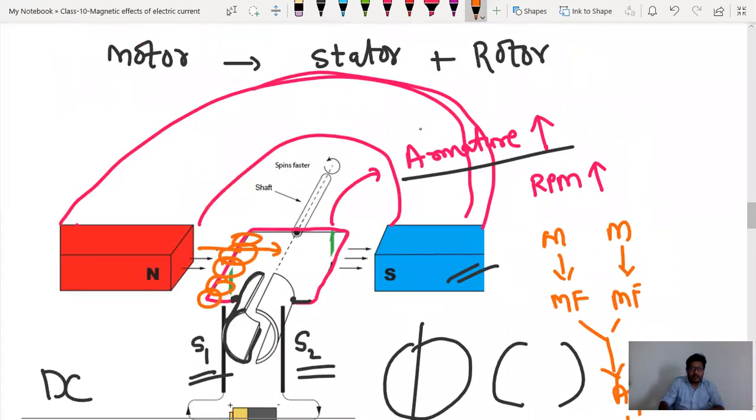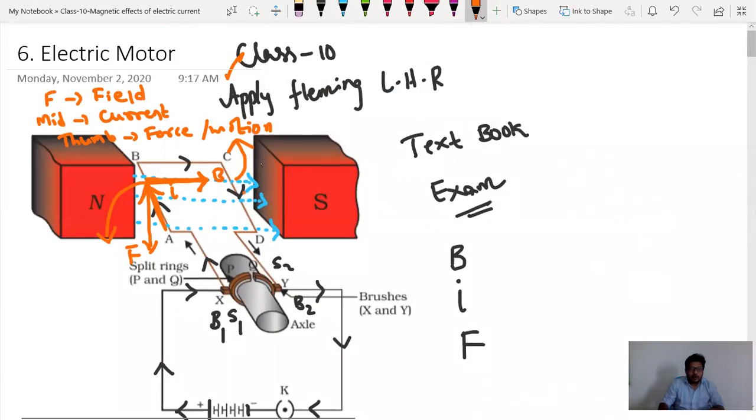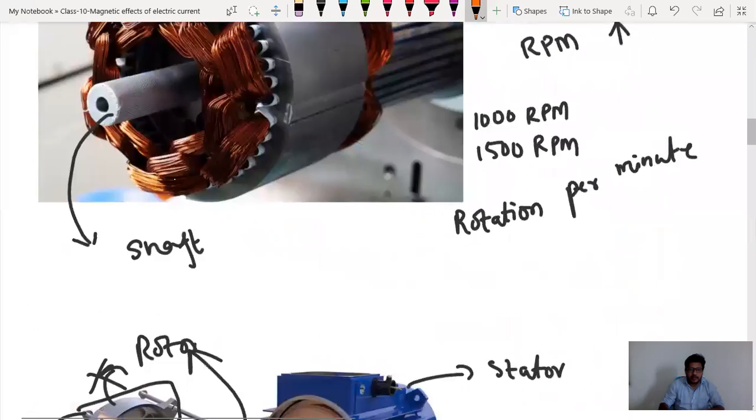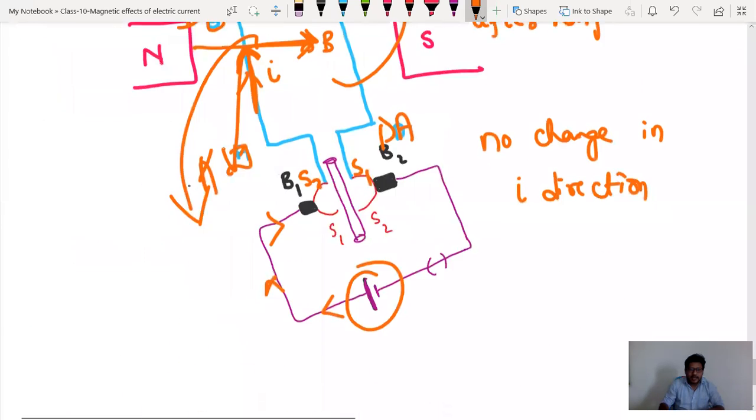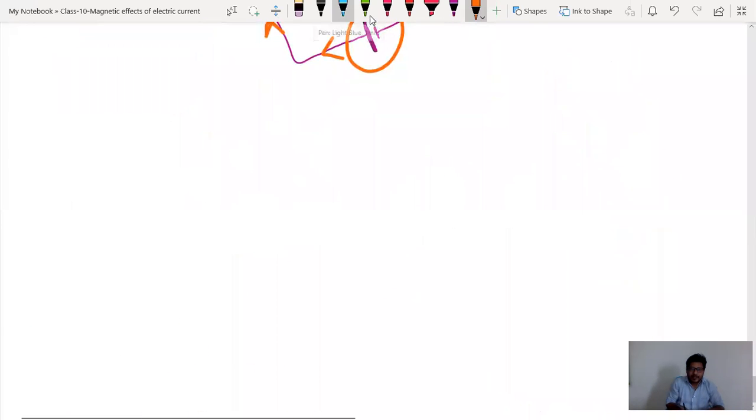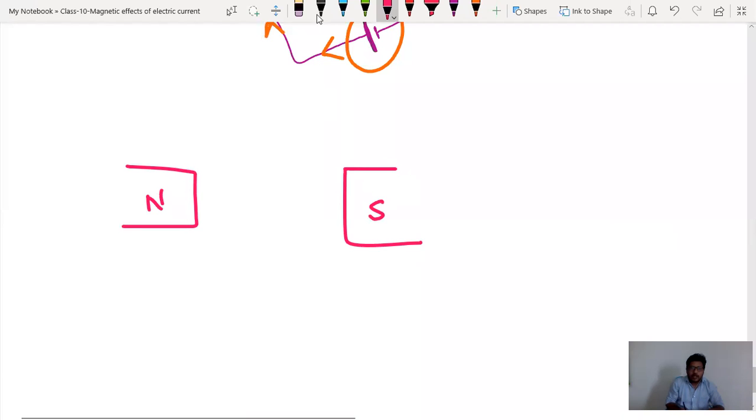Do you remember? Whenever this coil is placed in magnetic field, once again I will draw. You see here we have magnet. Consider this is north, this one is south. And we have armature segment like this. Now you see guys, from here if you are passing electric current I, what will happen?